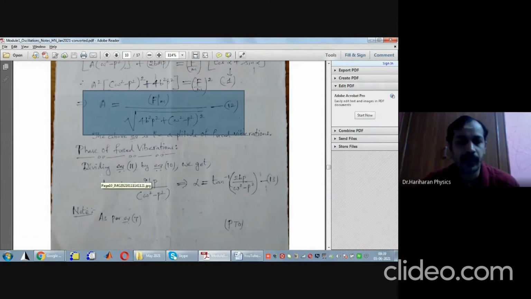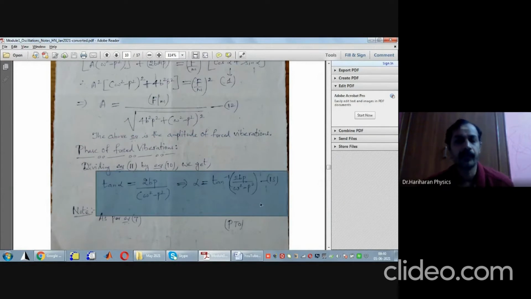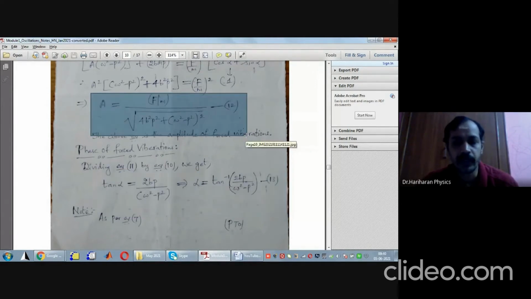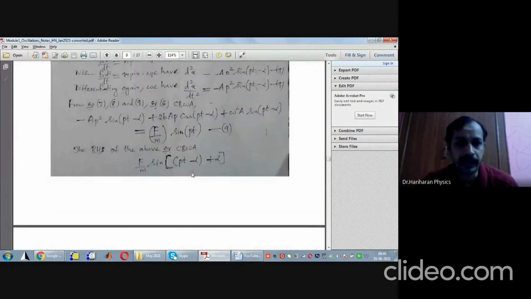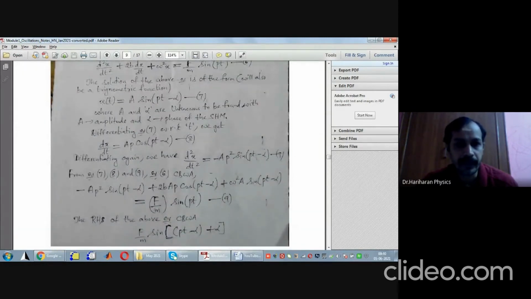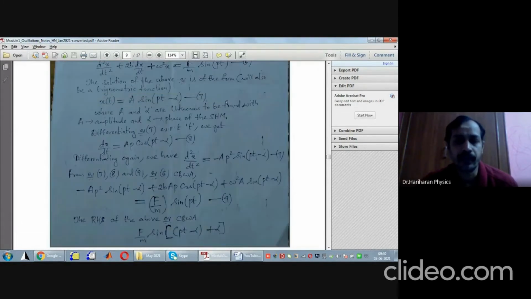So equation 12 and equation 13 are going to be our starting points. The amplitude A and phase are found from equations 12 and 13 respectively, which we plug into equation 7. If you plug in, you are going to get a big expression. So let us move on.